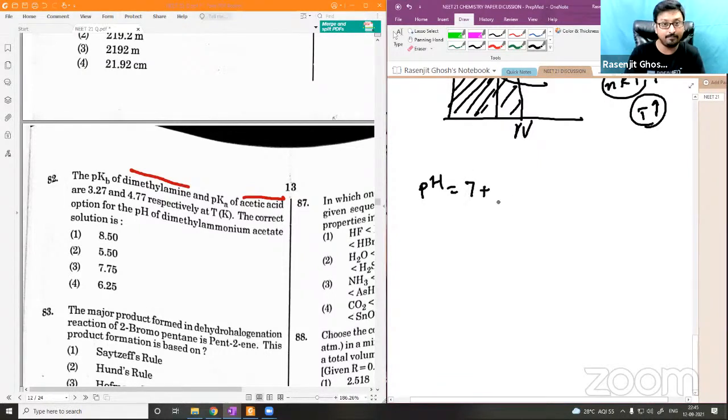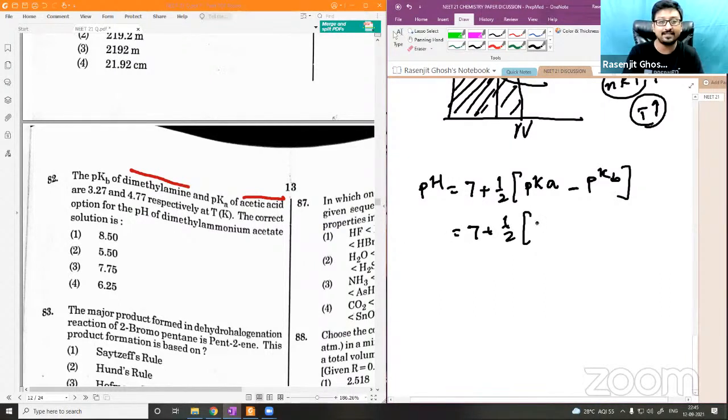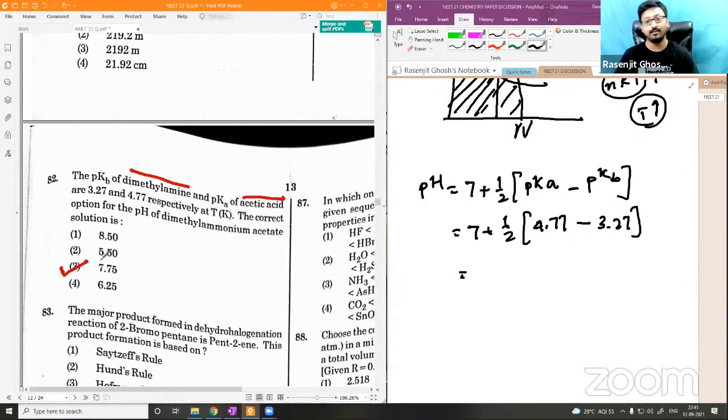pH is equal to 7 plus half of (pKa minus pKb). Correct? So if I put in the values, 7 plus half, pKa of acetic acid is 4.77 minus pKb 3.27. If you do the calculation, you will get the answer 7.75.